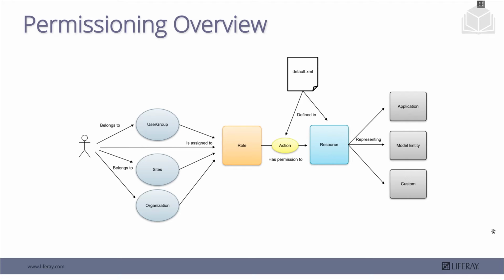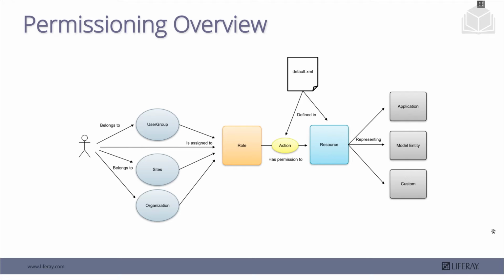These permissions are defined within a file called default.xml. So what is an action and what is a resource? We'll define the specifics within a file called default.xml. Right, so this is the flow of the permissions. So a user can belong to one of these things, or none of them at all.